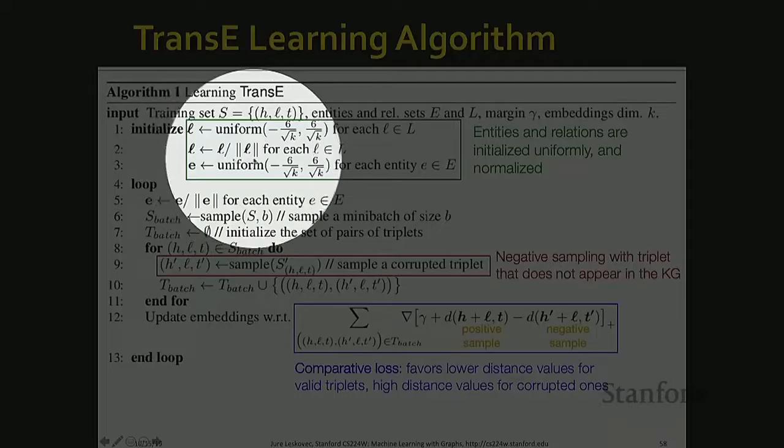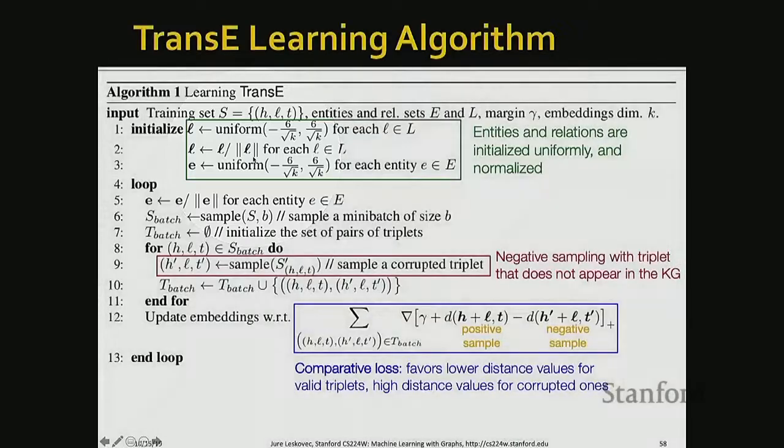We also normalize the length of the vector, and we do exactly the same thing for the entities, okay? So entities and relations are initialized uniformly, normalized, and they're all together in the embedding space right now. Now, here we perform mini batching. Not important, you just have to keep in mind that we are not working with one triplet at a time, but with a batch of triplets at a time.